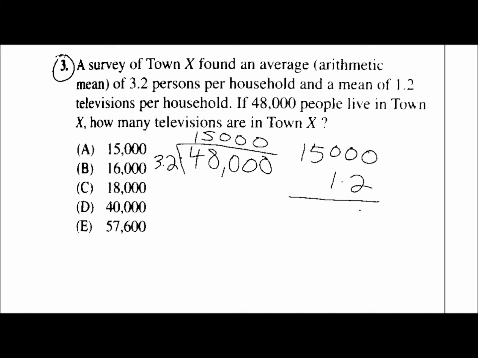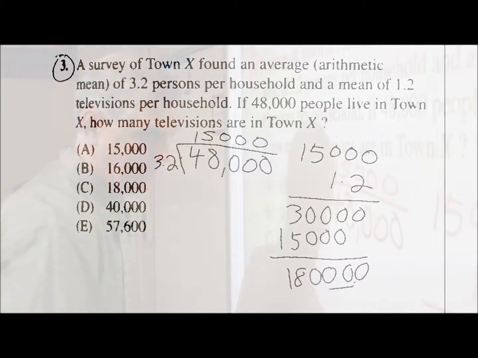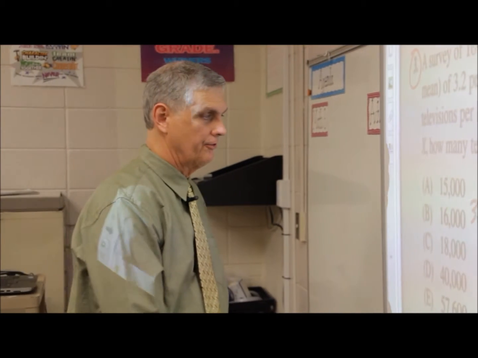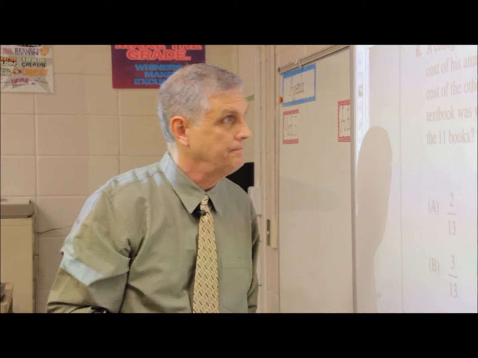That's 0, 0, 0, 10, carry a 1, 3, and then we got 15,000 here. And we put 0, 0, 0, 0, 8, 1, count over one place. And so our answer is 18,000, which is C.